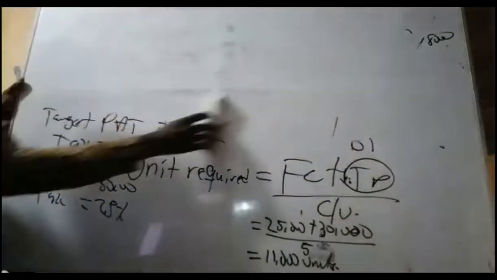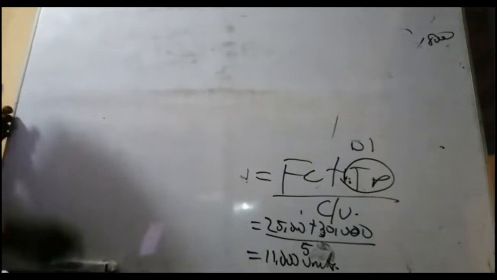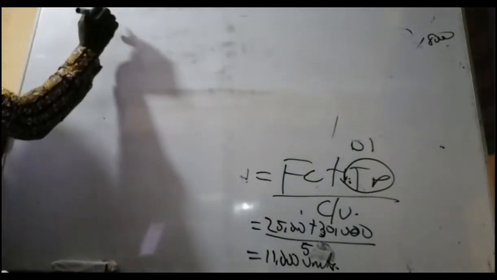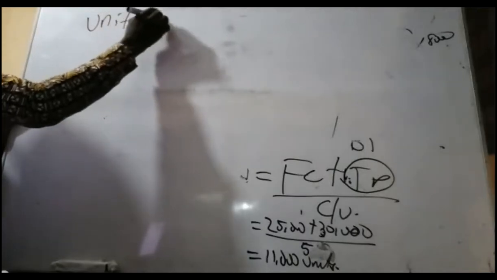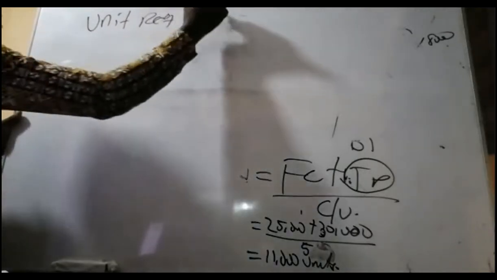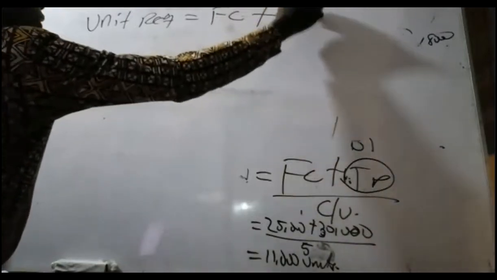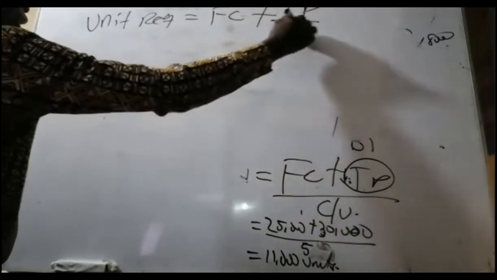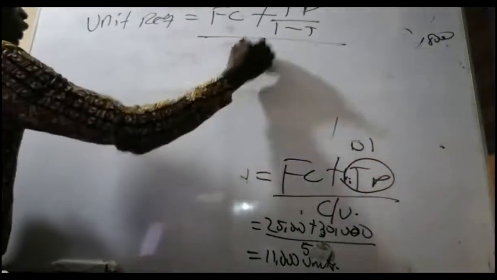Let me do this all over again. Now, where they are taxed, the units required formula can be expressed like this. Units required is equal to your fixed cost plus your target profit, all divided by 1 minus the tax rate, all divided by your contribution per unit.